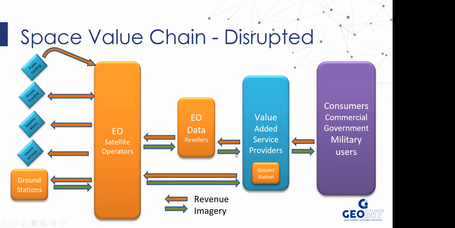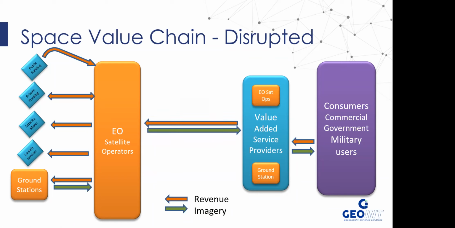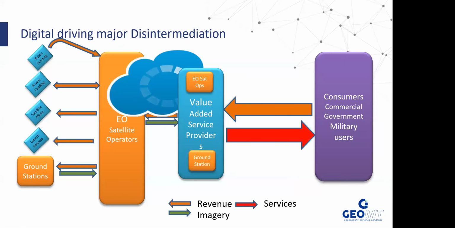And this data is actually being fed into South African value-added service providers, analytics-led companies that are able to receive the data for themselves and derive insight. Now, some of the disruption that's going on, which is quite interesting, is the compressing of the value chain, and how digitalization is driving major disintermediation between all of the various players.